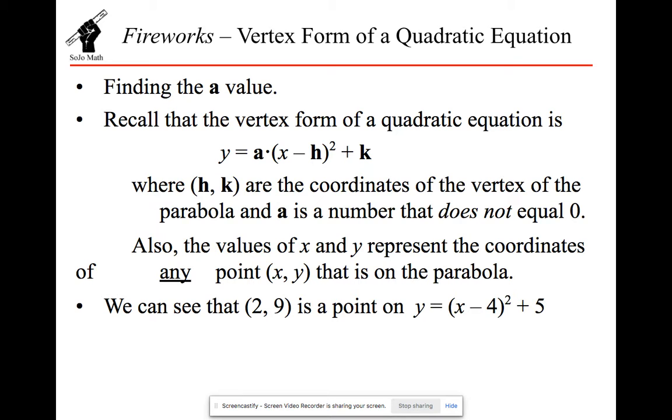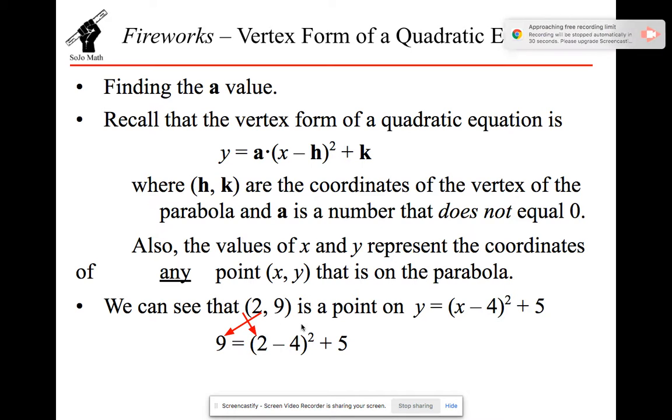I recommend lower numbers. If you look at our example here, we have an x and a y. Also in our vertex form, we still have an x and a y. So if we pick a point on our parabola, we can replace our x and our y with the corresponding pieces that we know they are.